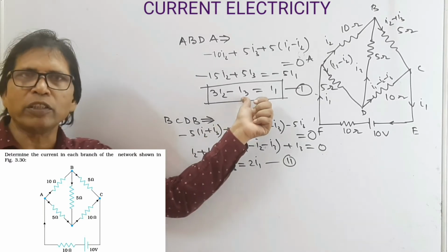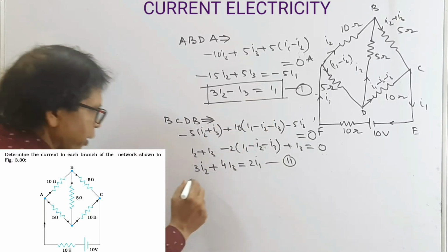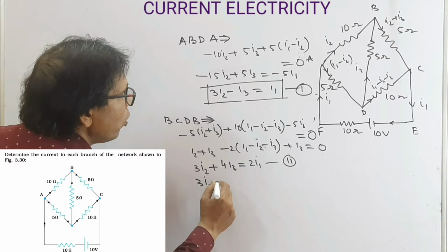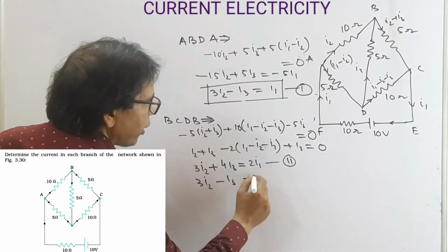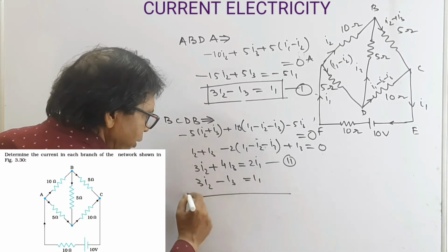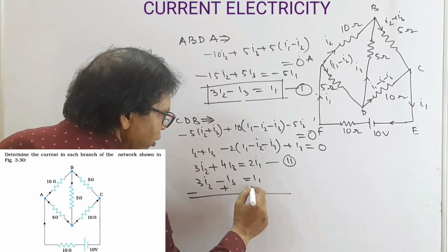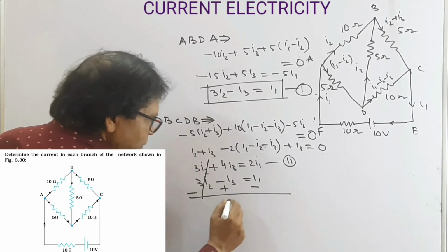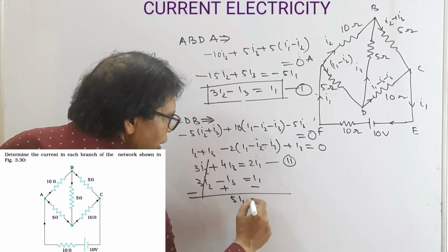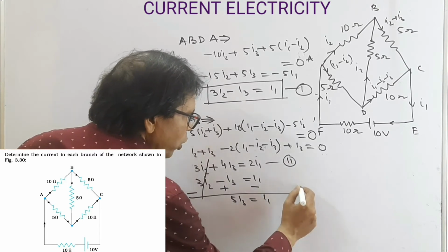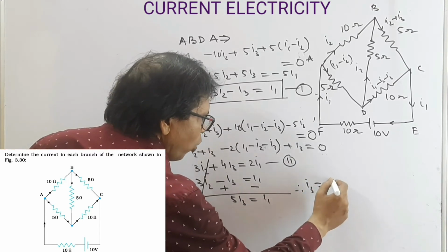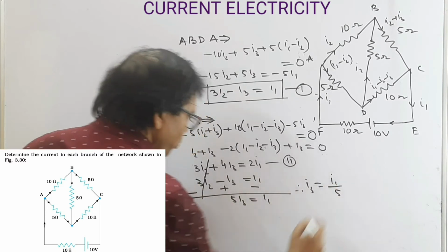Now solving equation 1 and 2, we can get, look at this, 3I2 minus I3 equal to I1. So minus minus plus, this is the minus, and this is 5I3 equal to I1. So here I3 equals I1 by 5.